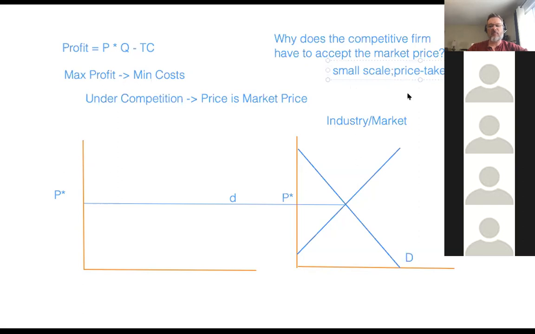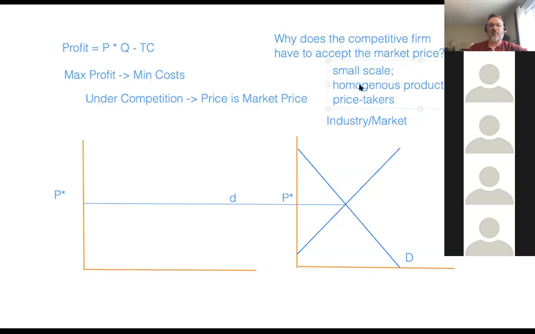But the other thing that people have noticed in particular is that there's a homogeneous product in most of these markets. And so the question is, what do we mean by homogeneous product?